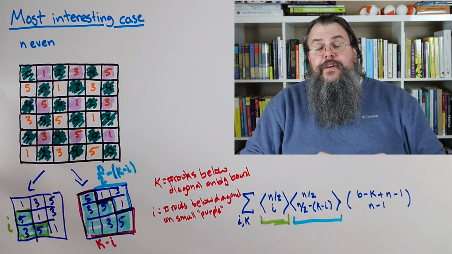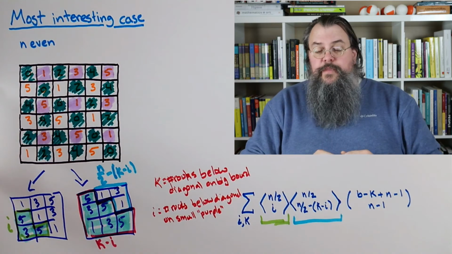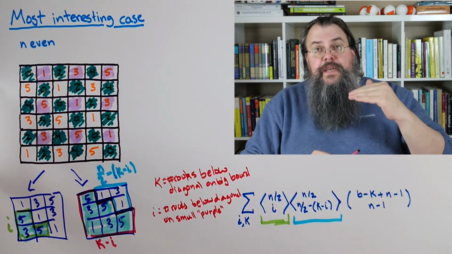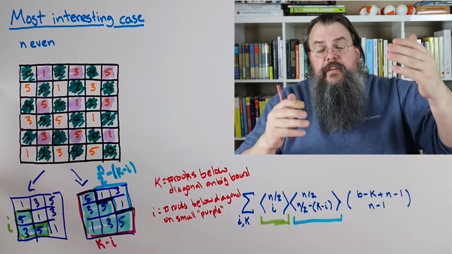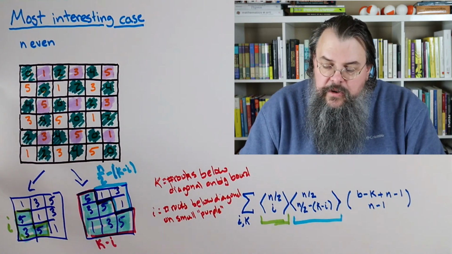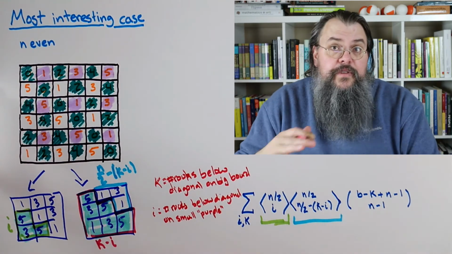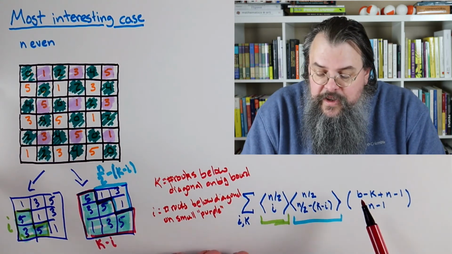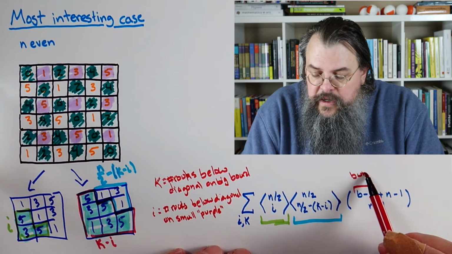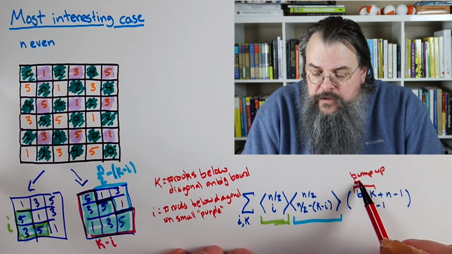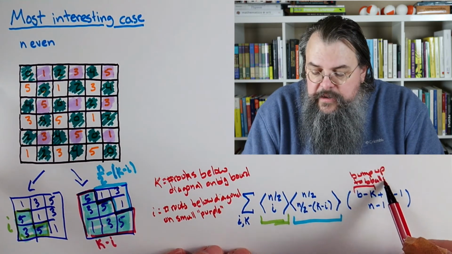In particular, the number of times that we'll need to bump up will be b minus k, right? k plus b minus k gets us up to b. So this is going to be a bars and stars type argument. This is going to be our bump up to b balls.